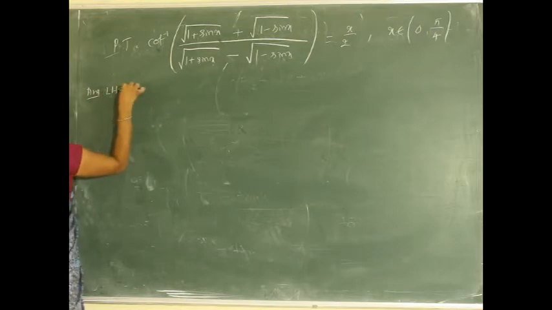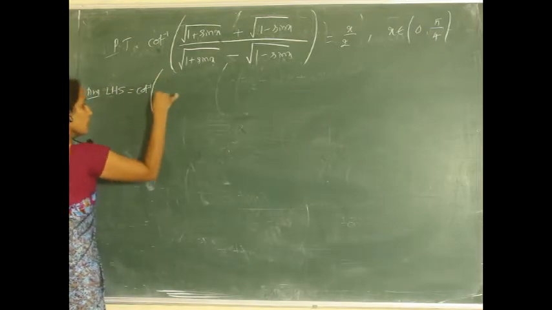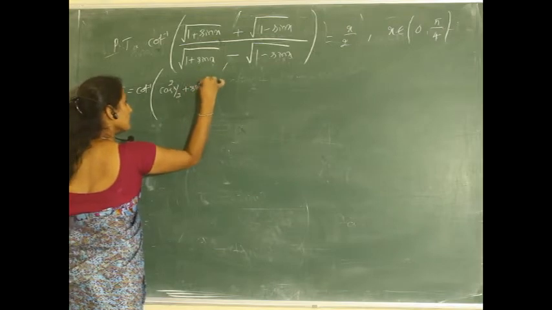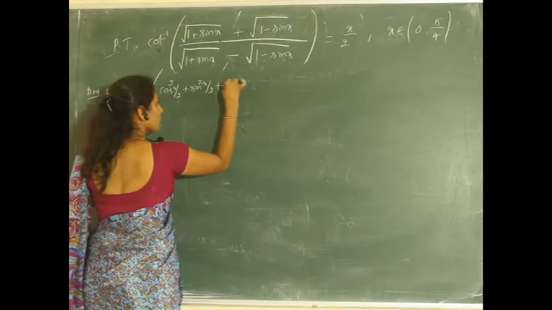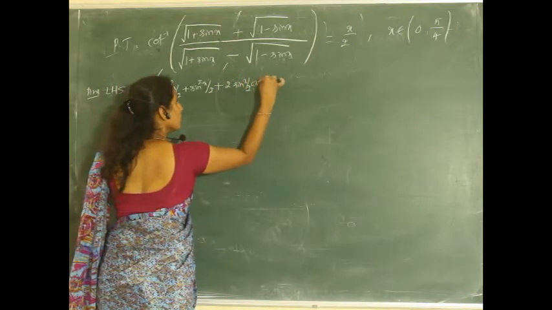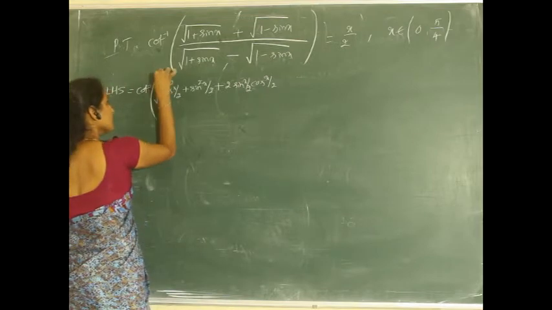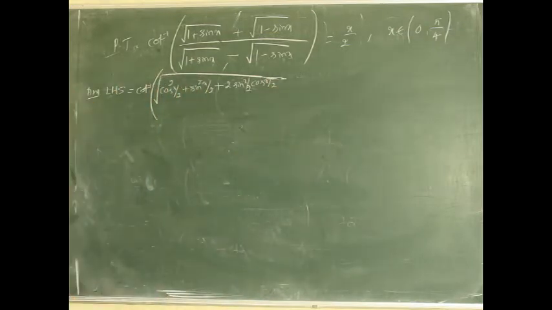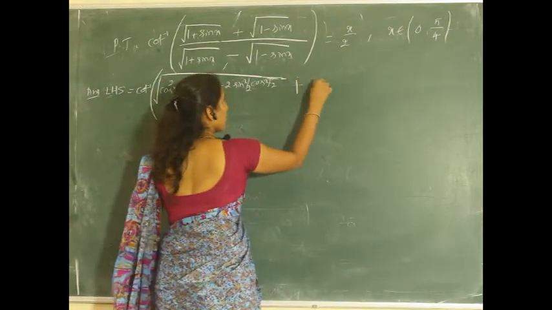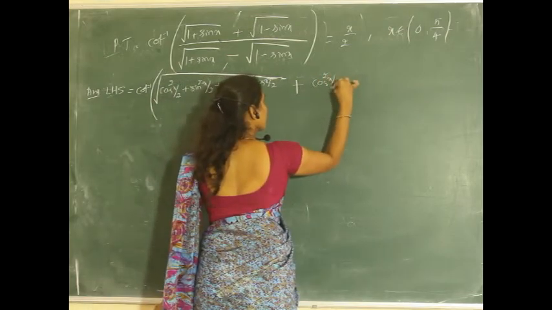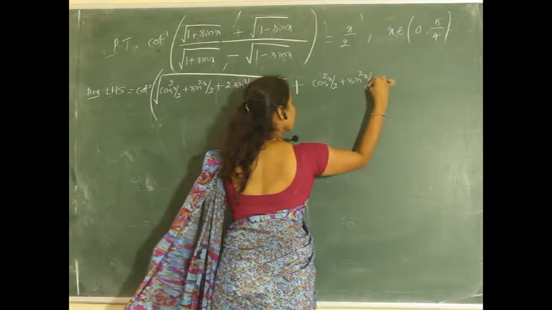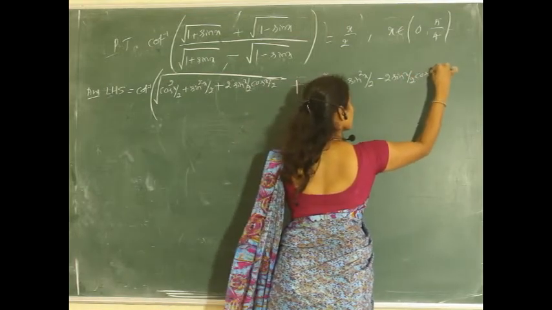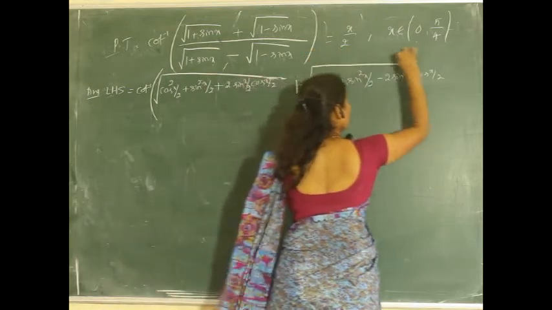Left hand side will be cot inverse of the square root of cos square x by 2 plus sin square x by 2 plus 2 sin x by 2 cos x by 2, that term is inside the square root, then plus the square root of cos square x by 2 plus sin square x by 2 minus 2 sin x by 2 cos x by 2, that is also inside the square root.